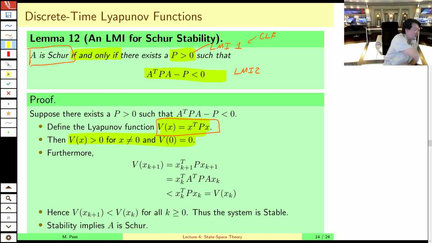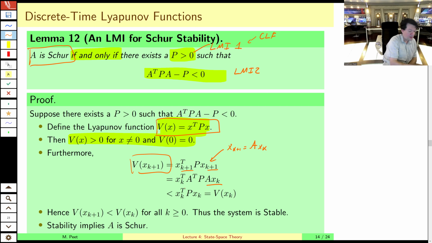So if we advance the Lyapunov function at a time step, so V of k plus 1, well, we can write that out. What is it? It's x transpose of k plus 1, P, x of k plus 1. And of course we know what x of k plus 1 is. It's just A x of k. And so we plug that in, right?